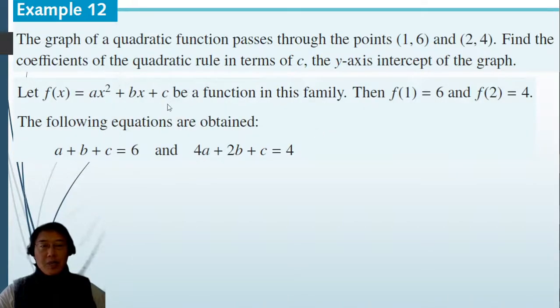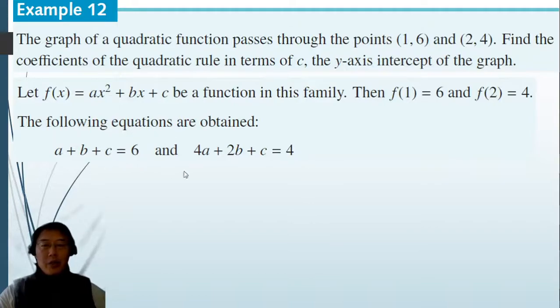As it is written, we have 2 points, 2 equations. As we have 3 unknowns a, b, c, we can only have a parameterized form and not a unique solution. So here the decision has been made for you to make c the common parameter. So we need to express a and b in terms of c.